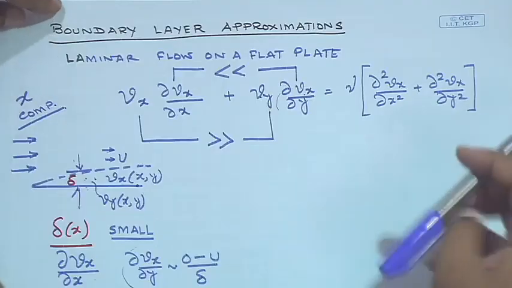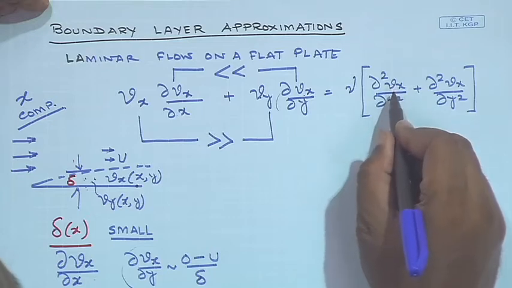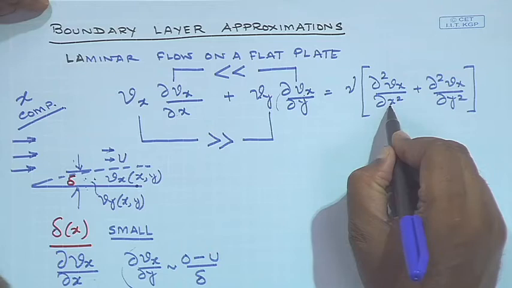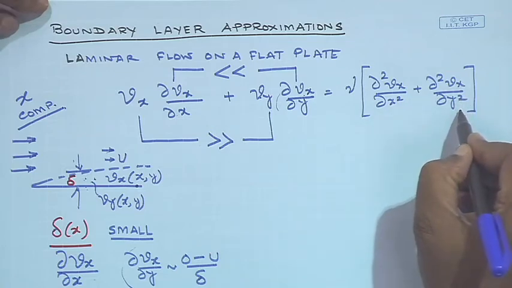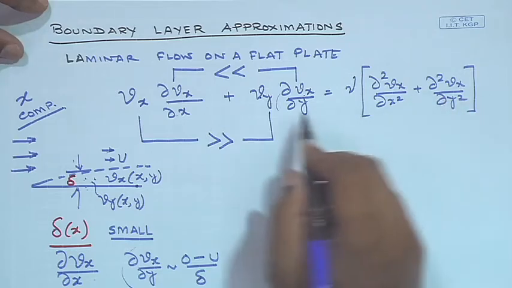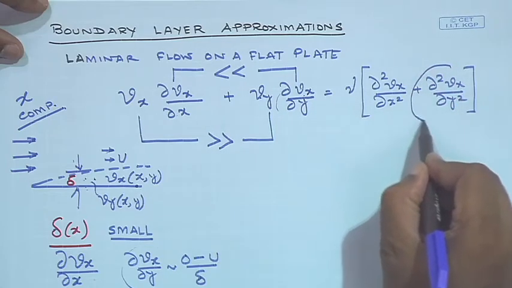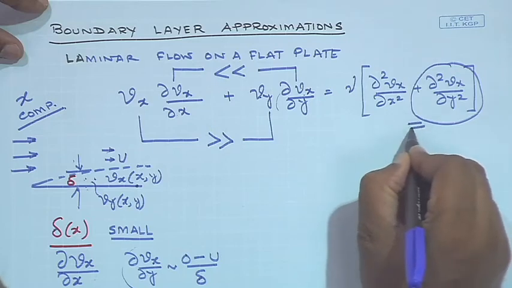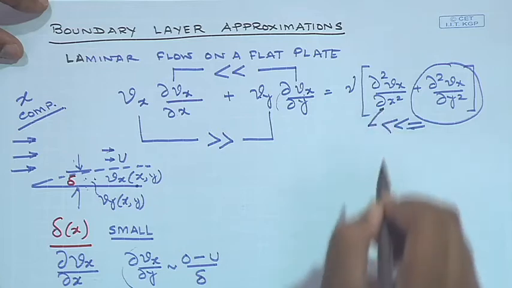equation. Now, when we come to this part over here, we see that these are essentially telling me about the viscous transport in the x direction and the viscous transport in the y direction, or the gradient of viscous transport in the y direction. And from our discussion over here, we understand that this term is going to predominate, and therefore, this is going to be quite large as compared to this term.